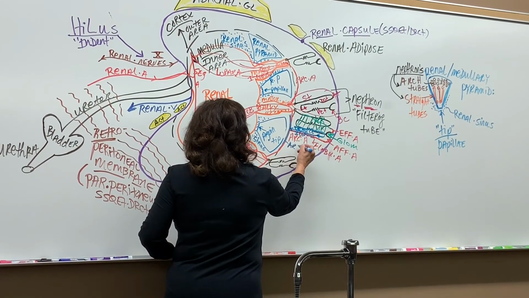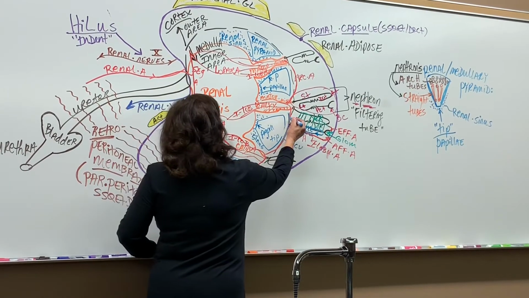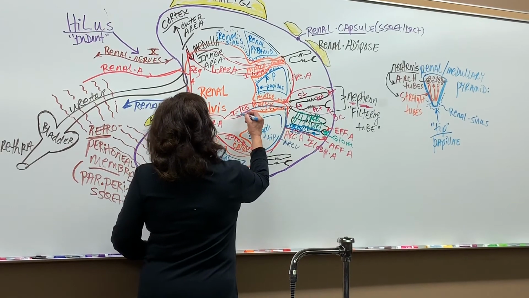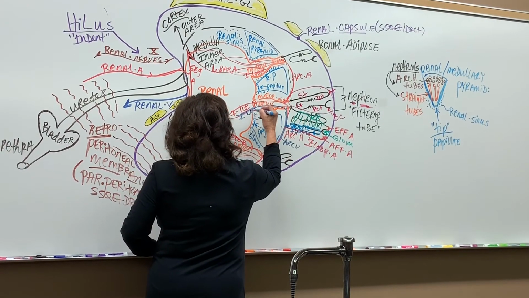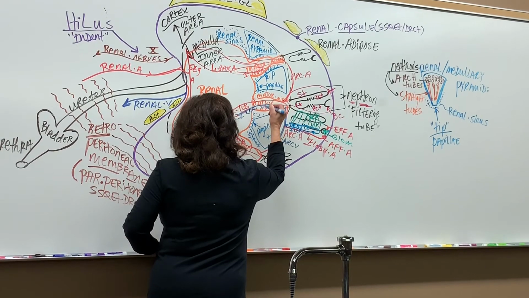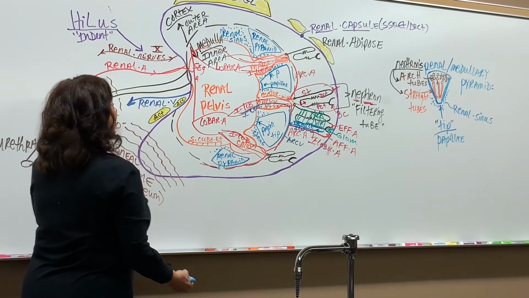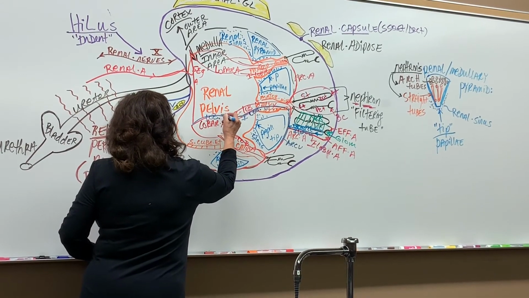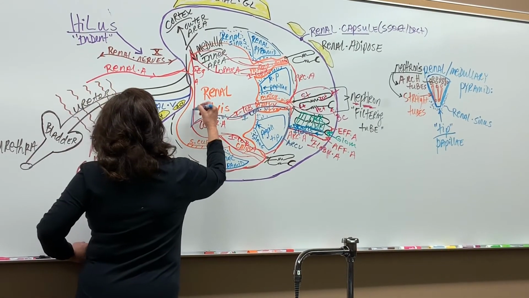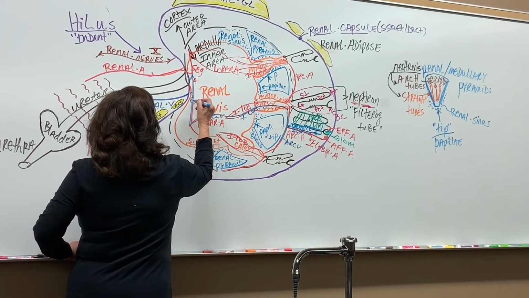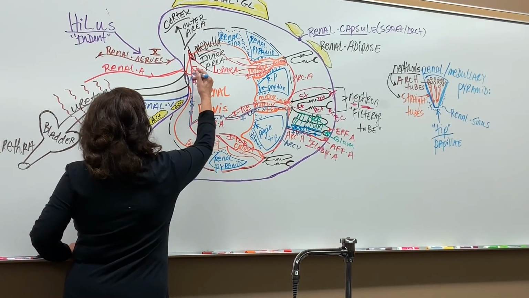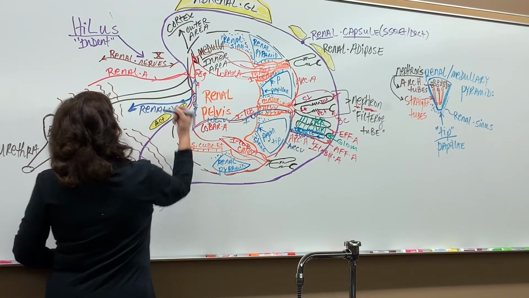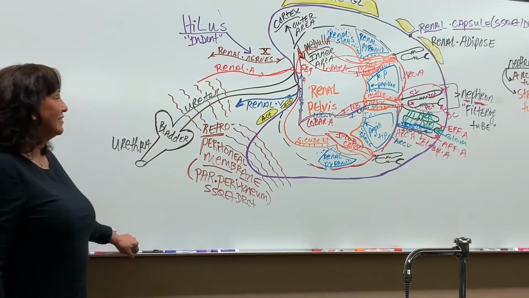And once it's in the arcuate vein, it's going to go down the calyx as the interlobar vein. And once it keeps coming down, it's going to go on a lobar vein. And then it's going to go up the segmental vein, and the segmental vein is going to go right out and hit the renal vein, like that.